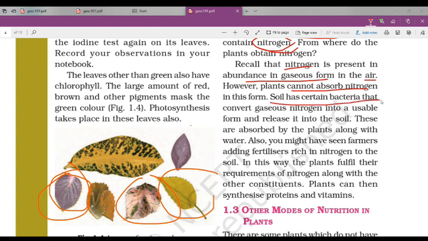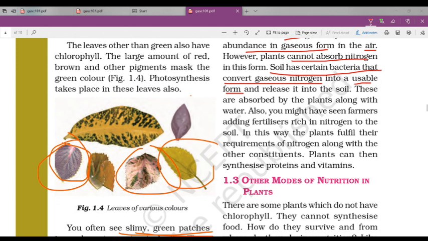Soil has certain bacteria that convert gaseous nitrogen into a usable form, some compound form that can be absorbed by the plants. So plants can absorb nitrogen in compound form through their roots.